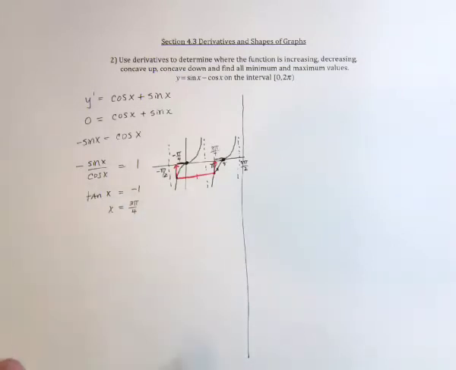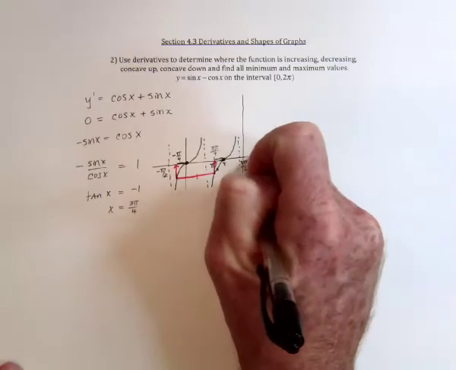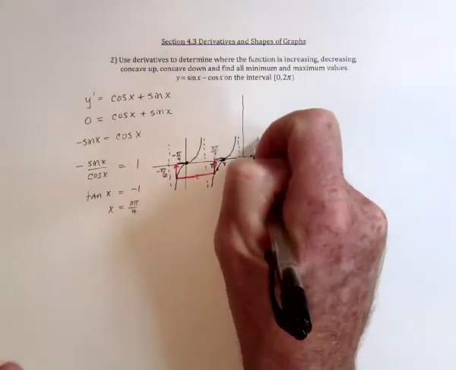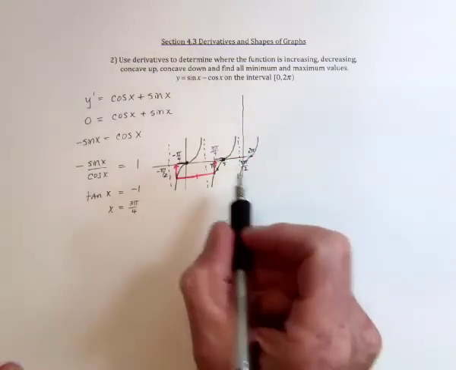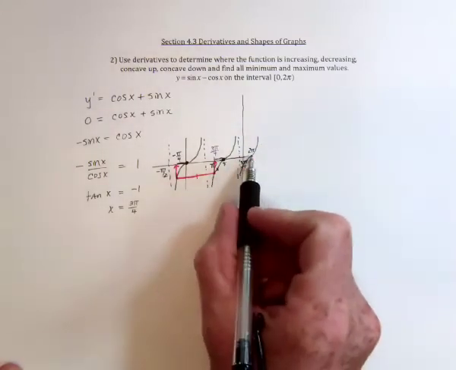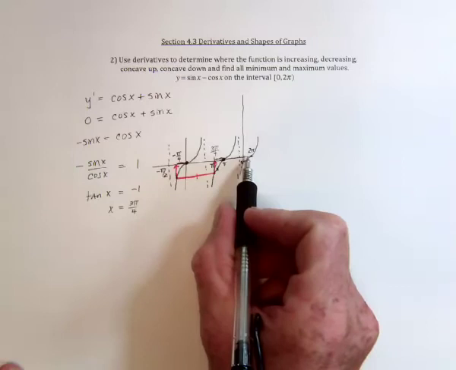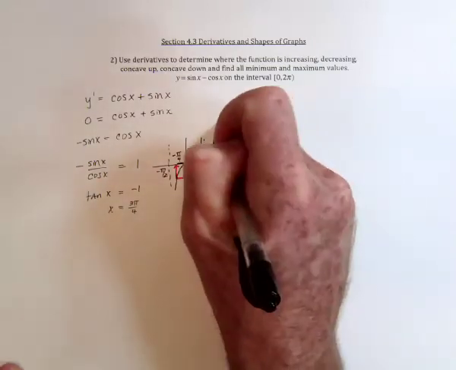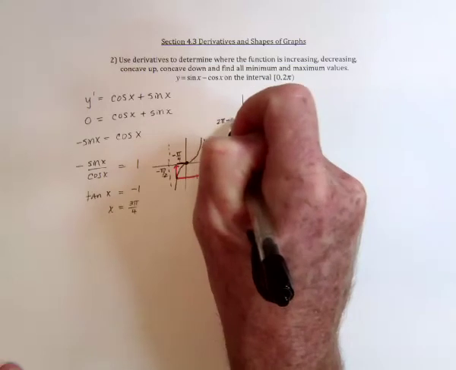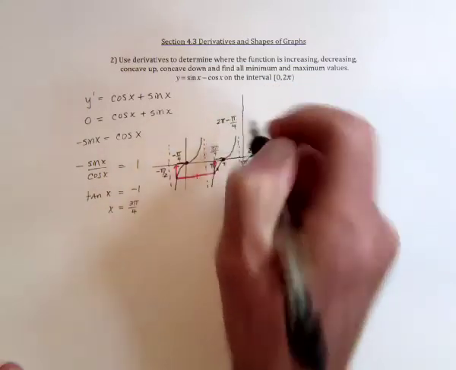Well, if we went out a little bit farther, then down here there would be 2 pi. And to do the same idea, from 2 pi, move to the left by pi over 4.